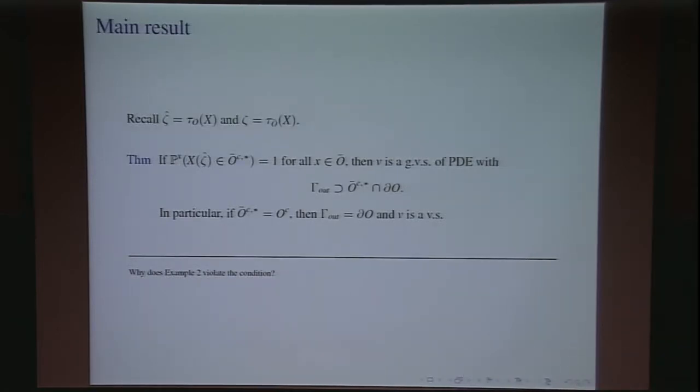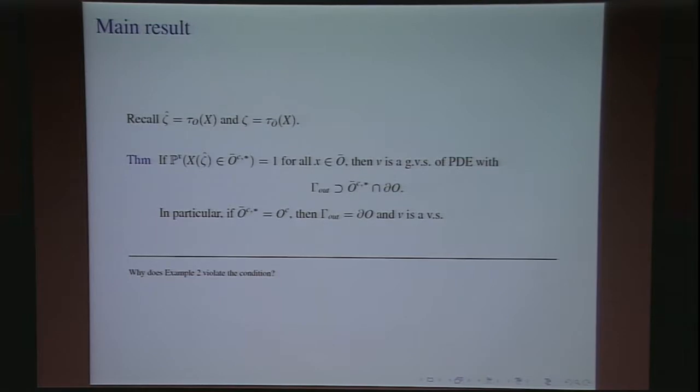So what is the main result? The main result is this, partially answering your question. We have to deal with O and O bar as well. So we define another stopping time, zeta hat, which is the process escaping from the open set. And zeta, if we recall, is escaping from its closure.